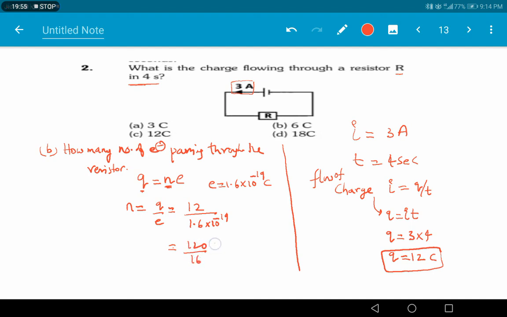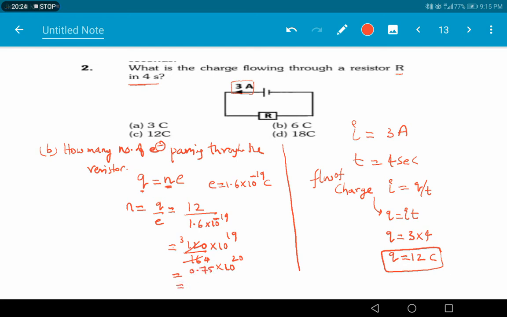So this we can write 120 by 16 into 10 power of plus 19. This goes into the numerator, so it becomes a plus sign. So we can write 10 power of 20. So 3 by 4 is nothing but 0.75.